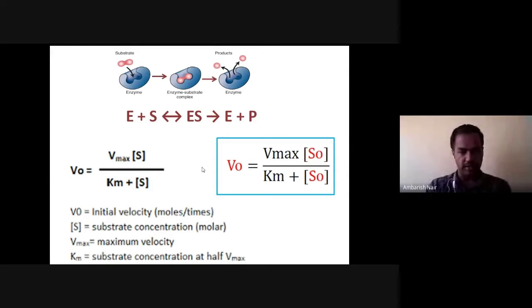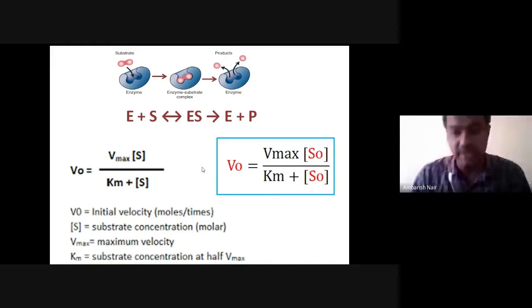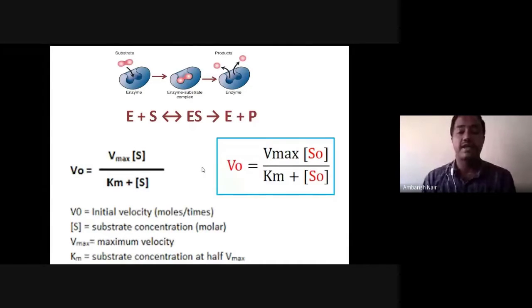I hope you are getting the things. V naught means initial velocity, S means substrate concentration, Vmax is maximum velocity, and Km means Michaelis-Menten constant. The Michaelis-Menten constant can also be written as substrate S equal to Km when V naught is equal to half Vmax. That is the important thing we have to solve in the later part.